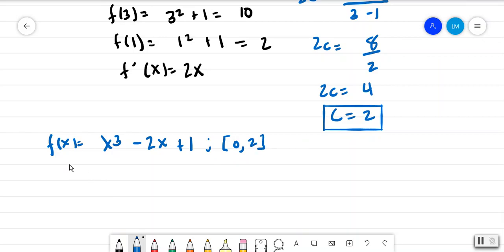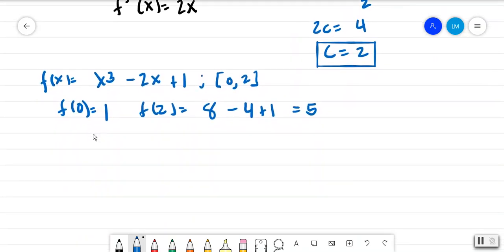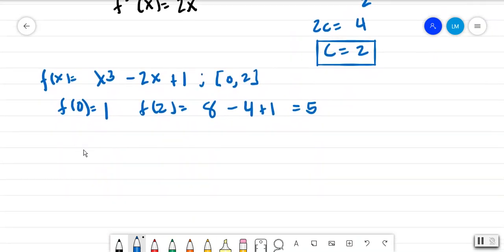Okay, well, we know that f of 0 is just 1, and that f of 2 is going to be 8 minus 4 plus 1, so that's going to be 5. So we need to plug this into our equation. We have f prime of x is 3x squared minus 2.